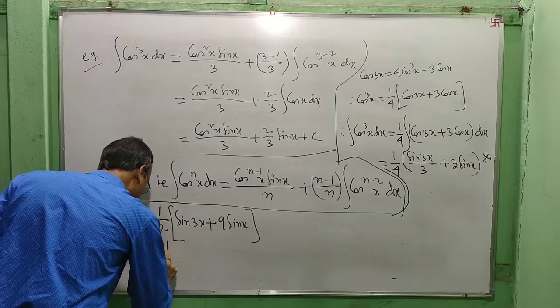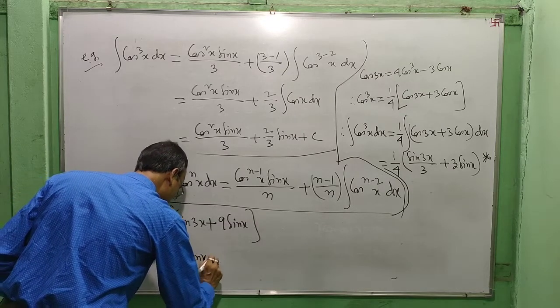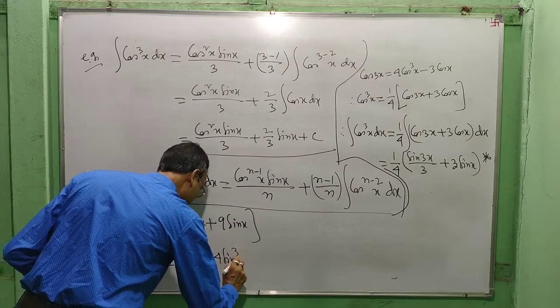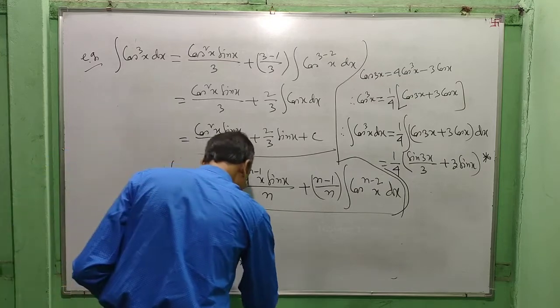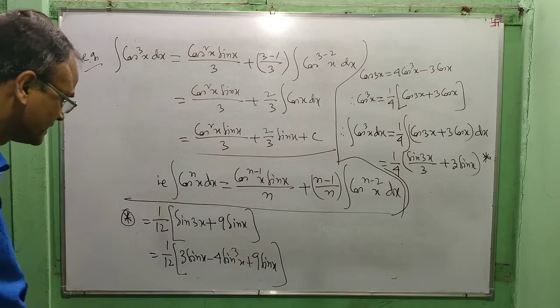This is equal to 1 by 12 (3 sin x minus 4 sin cube x plus 9 sin x). You may write like this.